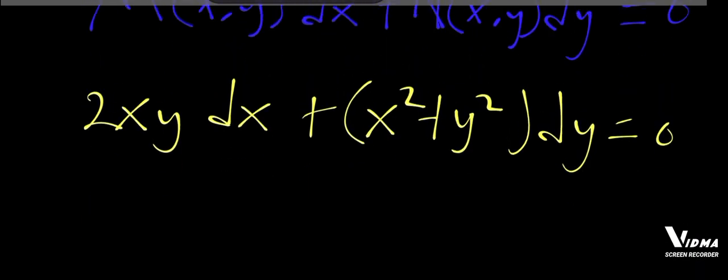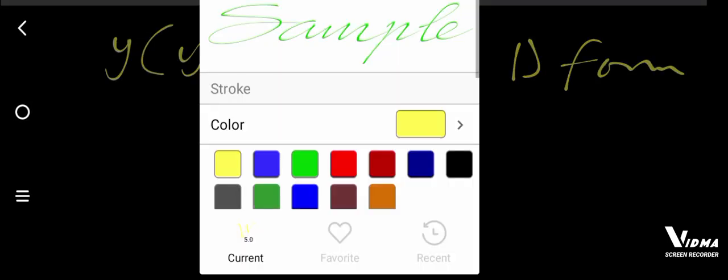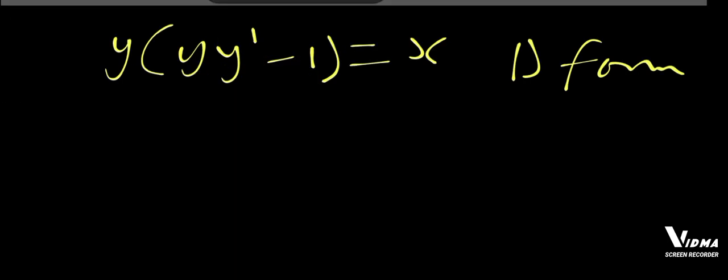So in our next page, I'm going to try to convert this first order differential equation into our differential form. So the first thing we are going to do is to expand the bracket.